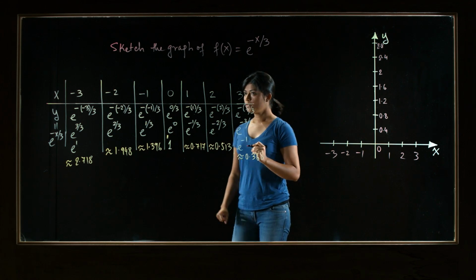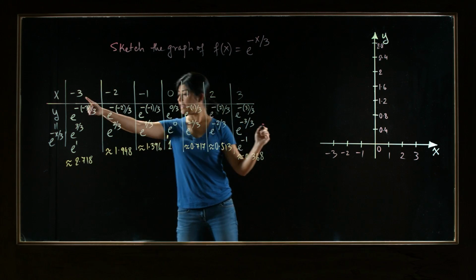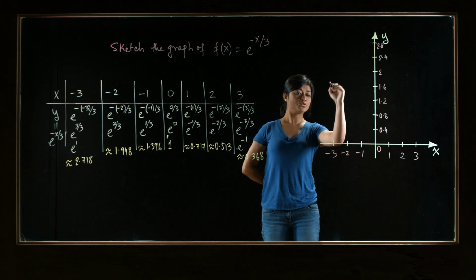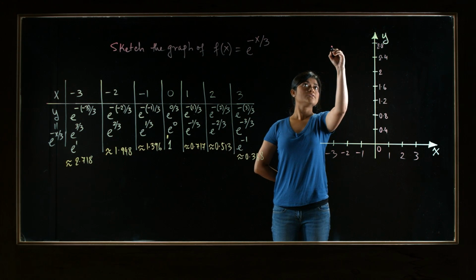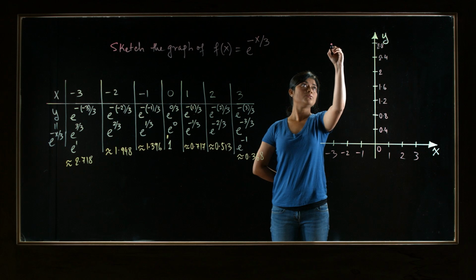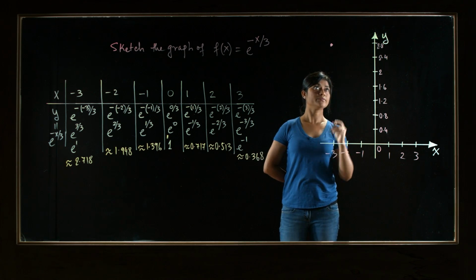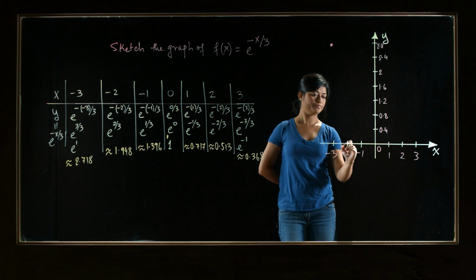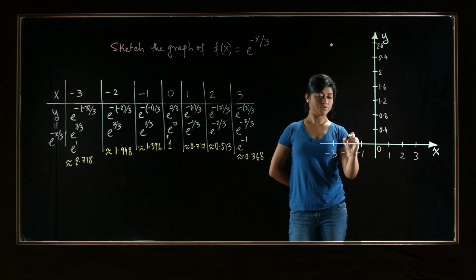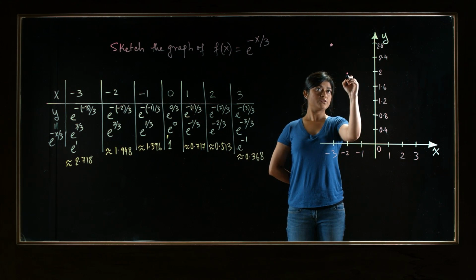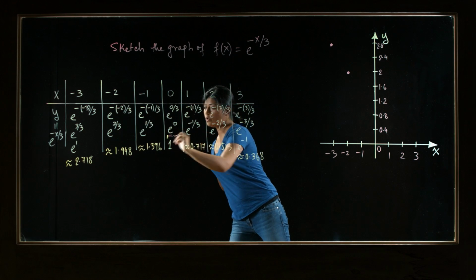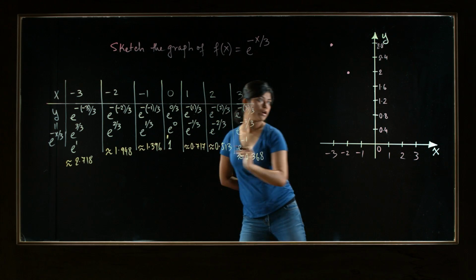Okay, so let's start plotting -3 and 2.7. So -3, 2.7 is somewhere right below 2.8 right there. Okay, then -2 and 1.9. So -2, 1.9 is pretty close to 2. -1 and about 1.4.